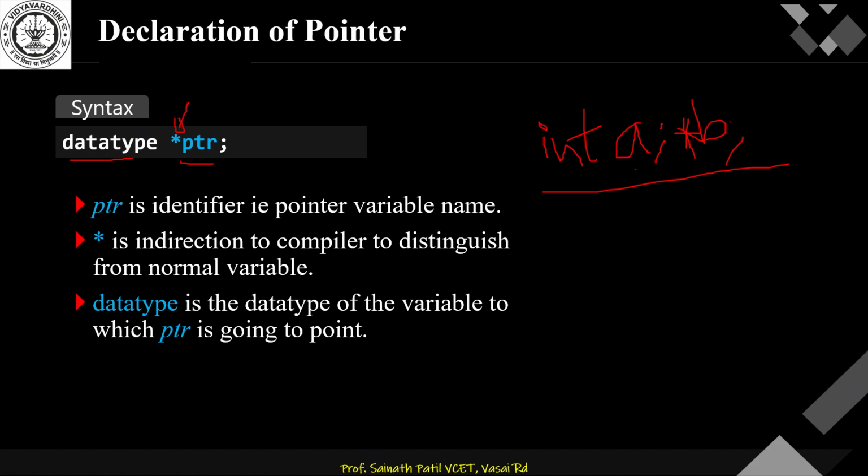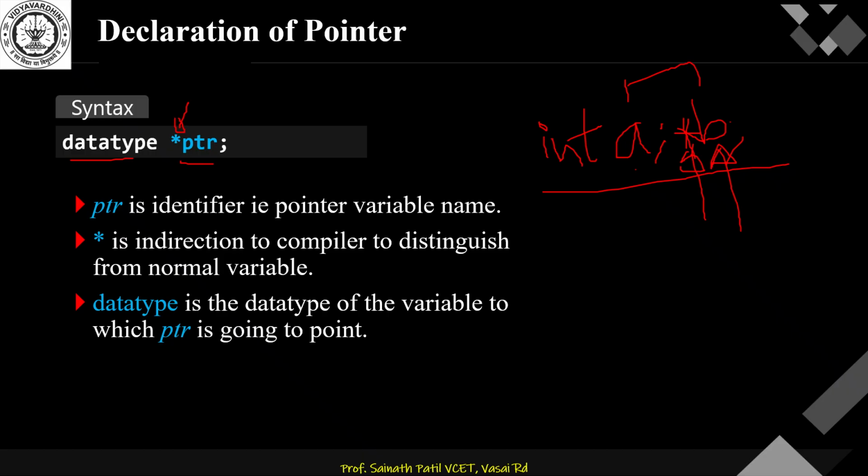Now star b is going to act as a pointer variable, and I want it to point to an integer variable. That is why I declare it under int. So here two variables are declared, a and b. Out of that, a is a normal variable and b is a pointer variable because it has the distinguishing factor, that is the star.